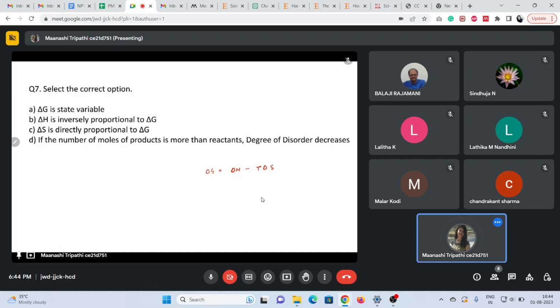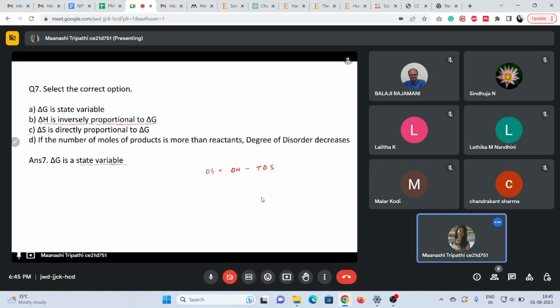What is the difference between state variable and path variable? State variables just depend upon the state they are in, and a path variable depends on how they reach that state. For example, in physics, the difference between distance and displacement.